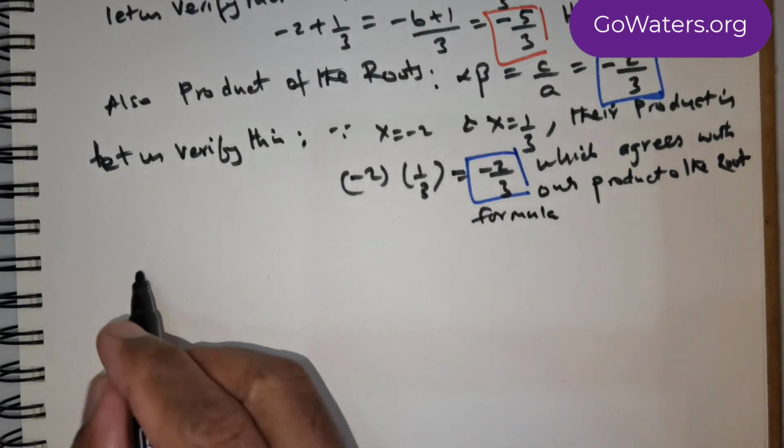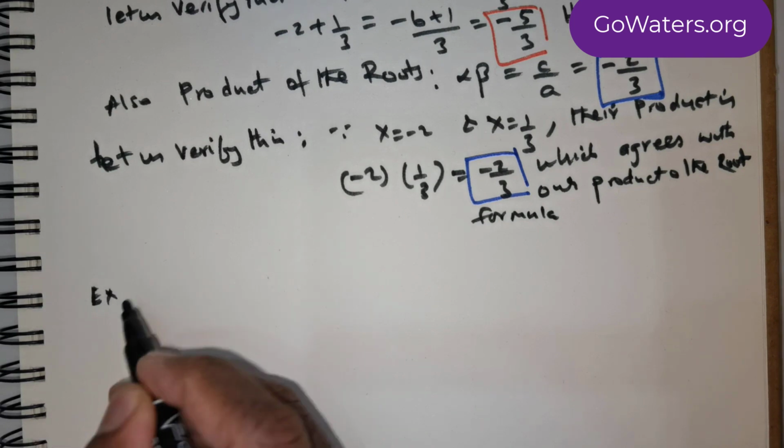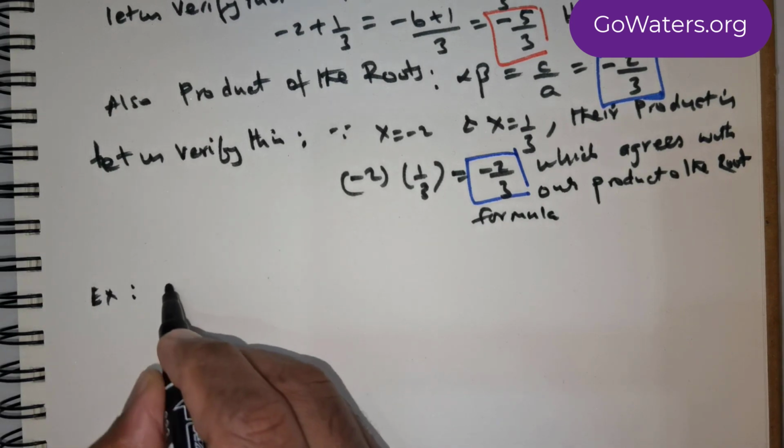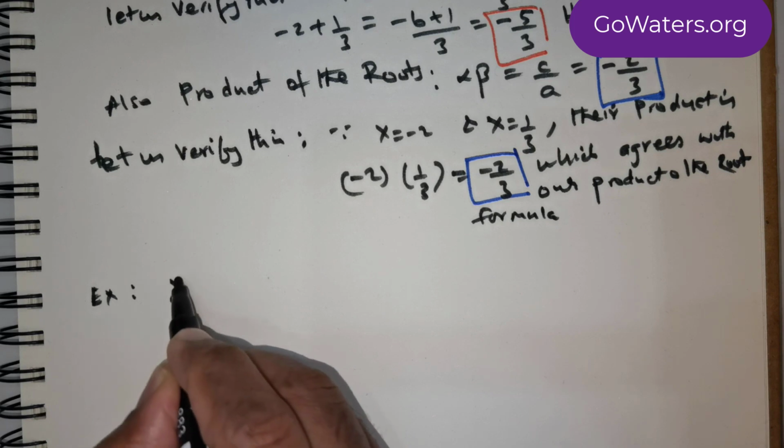Let's do example 2. The question wants us to find the zeros for this polynomial.